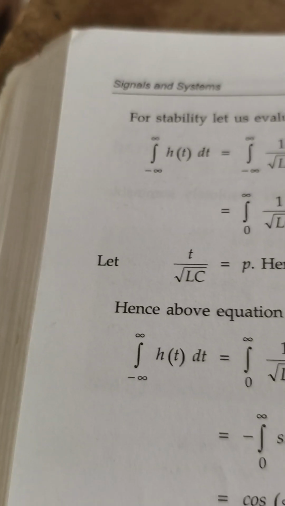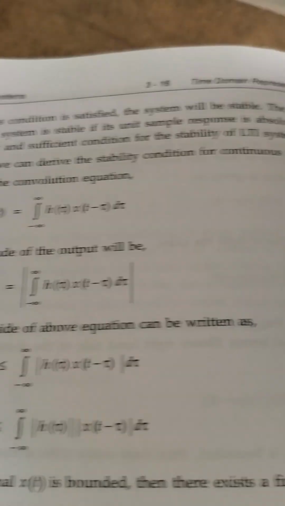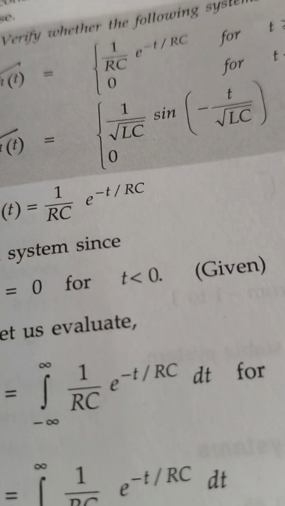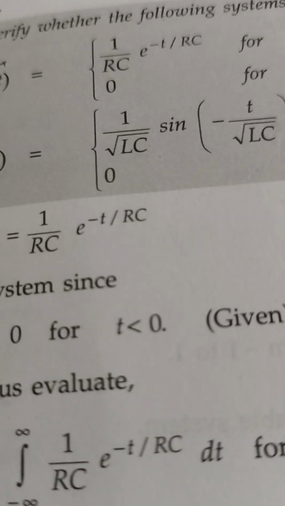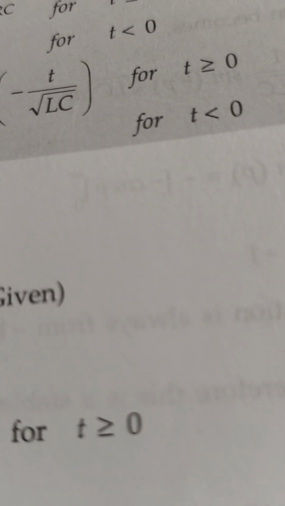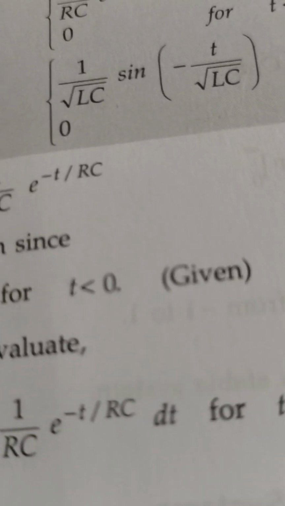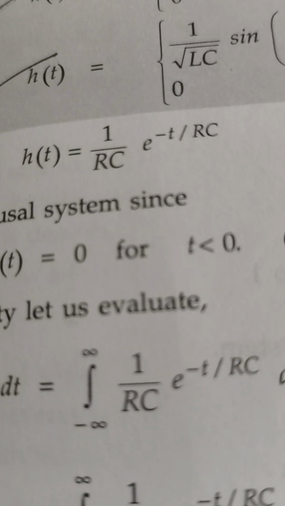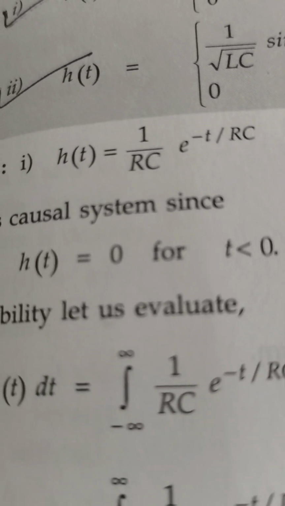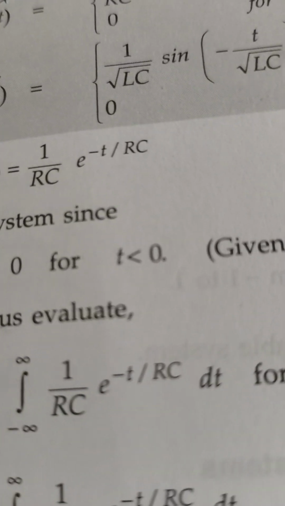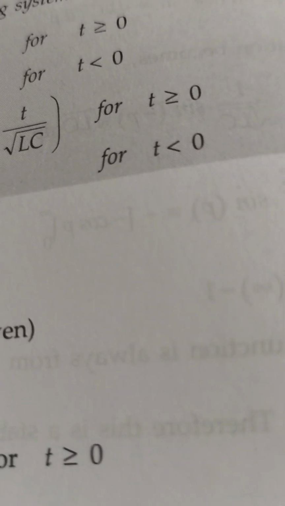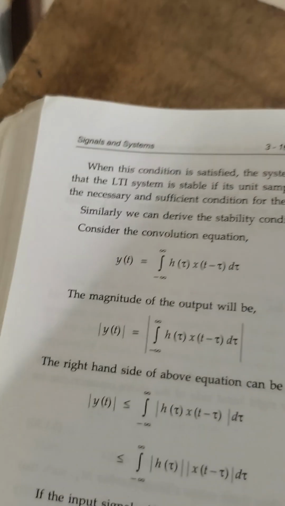Why? Because in the problem, this equation holds good for t greater than or equal to 0. If t is less than 0, then the output is 0. When t is less than 0, h of t is 0. This h of t is equal to this for t greater than or equal to 0.